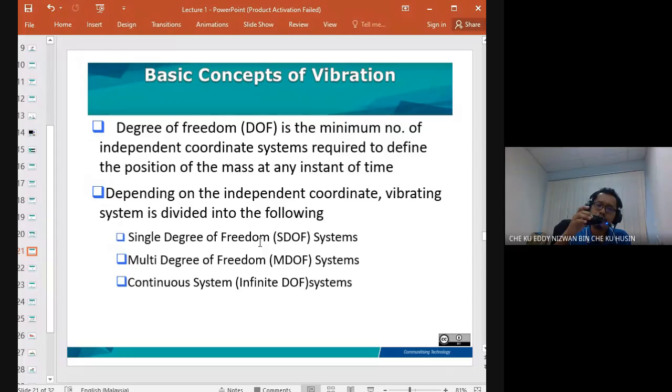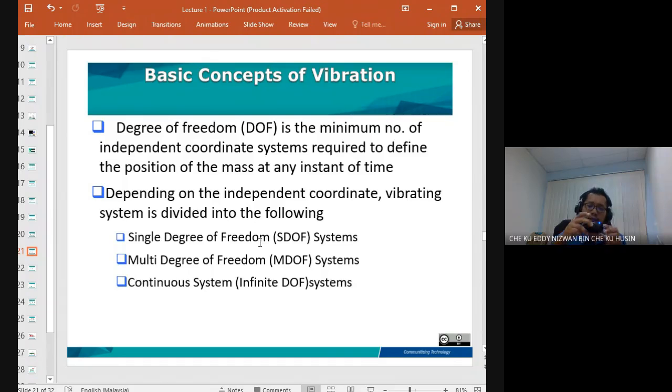But if at the same time this mouse can also move in another plane, the horizontal plane, we consider this a 2 degree of freedom system because there are two independent coordinates: motion in the vertical and motion in the horizontal.